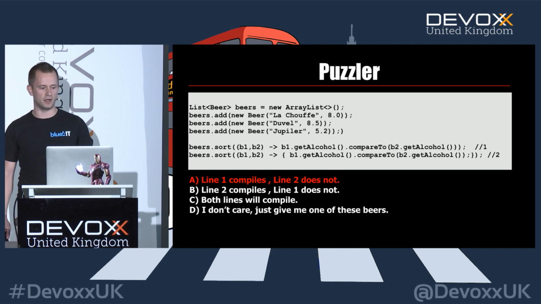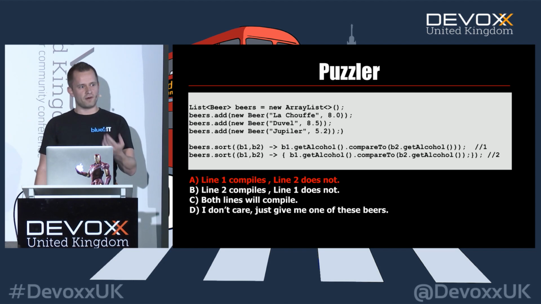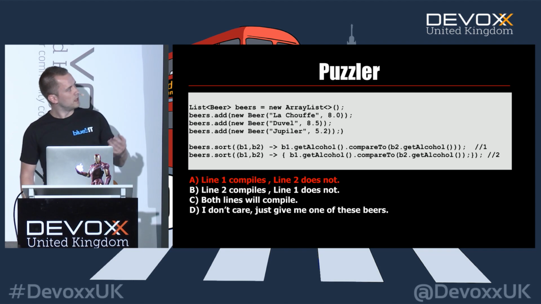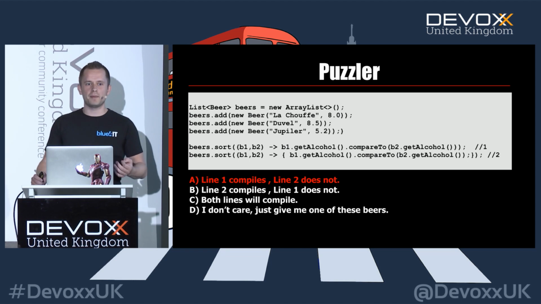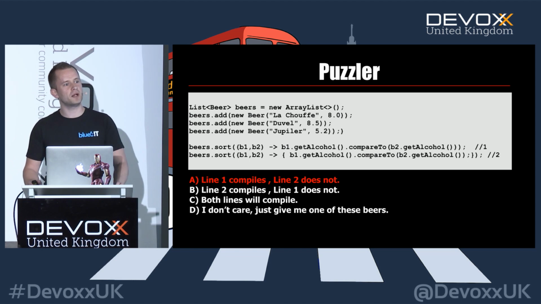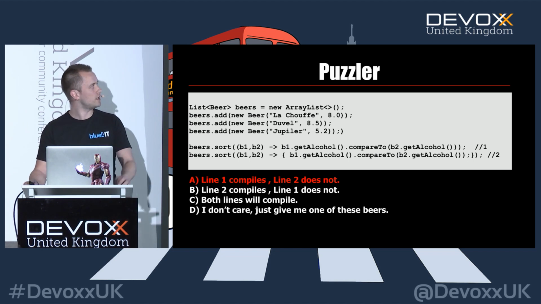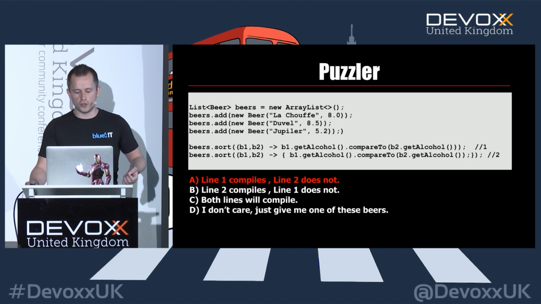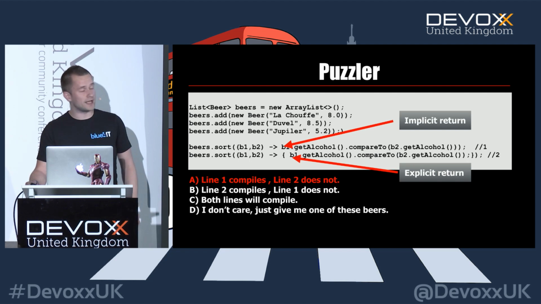Or a multi-line lambda. And now I'm paraphrasing Venkat. If you're using a block lambda, which you shouldn't, they punish you by having to explicitly return the value. So the first one, I don't need to return.